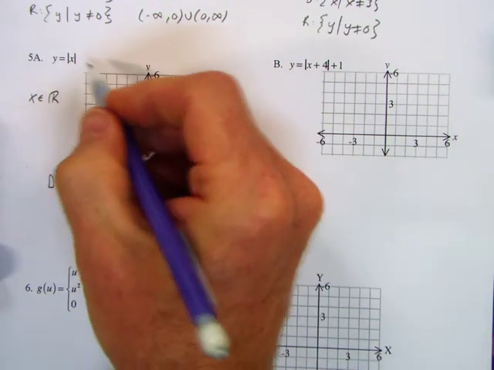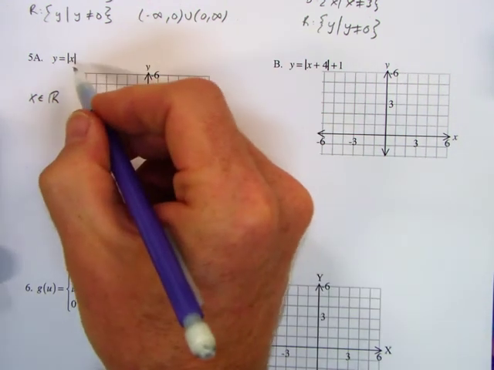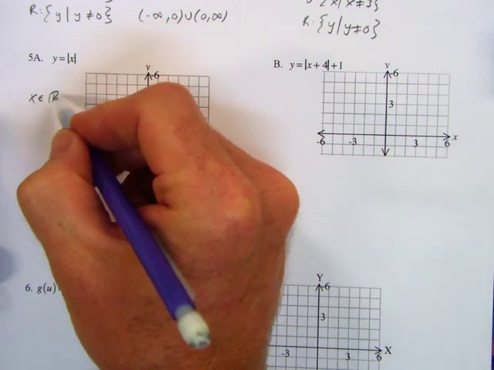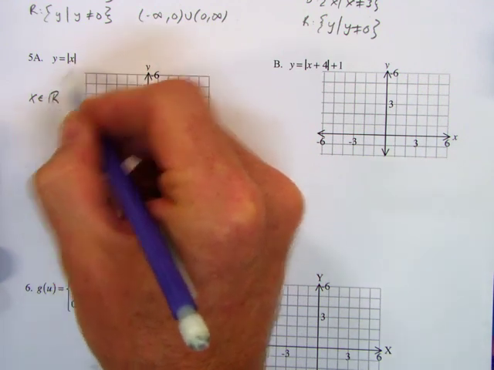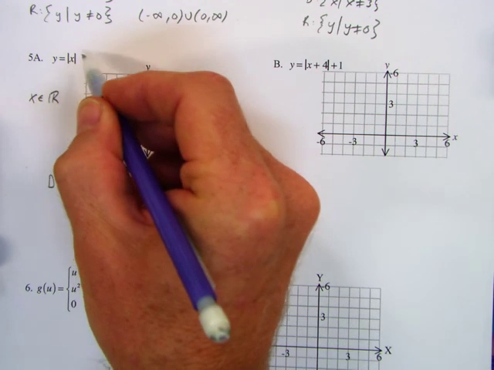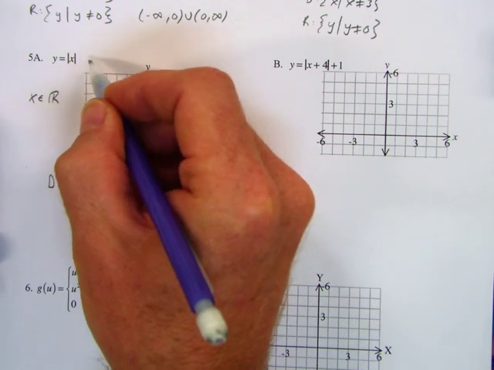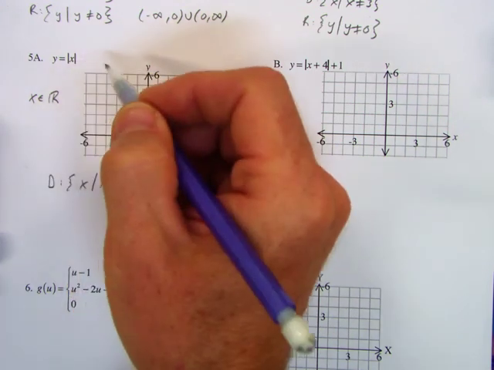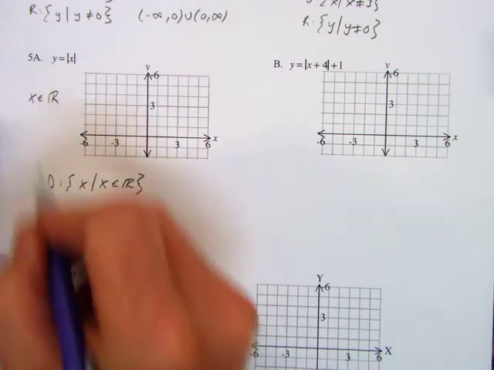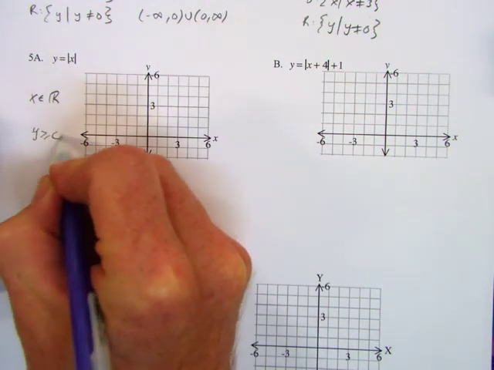Now, what about the range? What does the absolute value do to the input values, all the x values we plug in? It's going to make them positive or 0, because if you plug in 0, the absolute value of 0 is 0. So our range will be y is greater than or equal to 0.